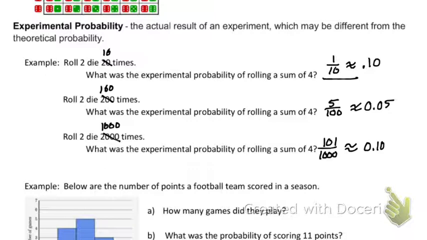If you flip a coin 10 times, you might get 7 heads and 3 tails. If you flip a coin 100 million times, you're going to see it's almost exactly 50-50. It's the law of large numbers that the more you do an experiment, the closer you're going to get to your theoretical probability.